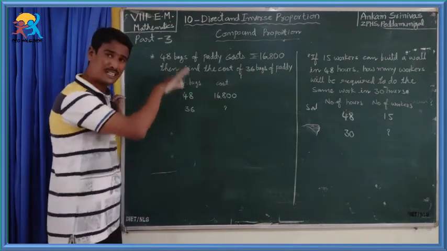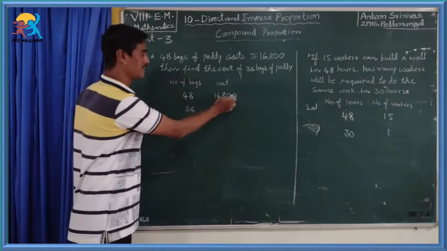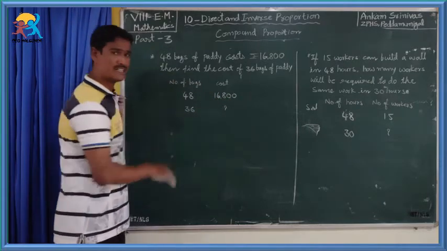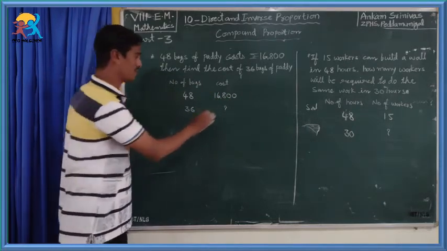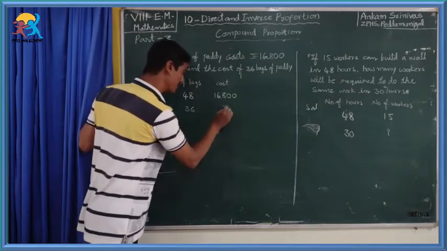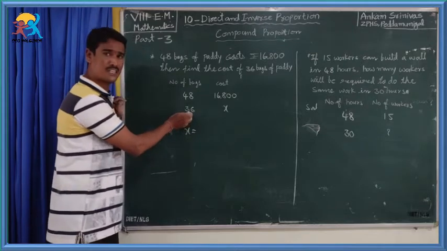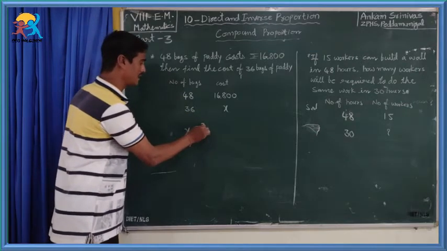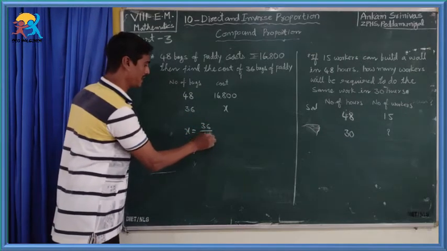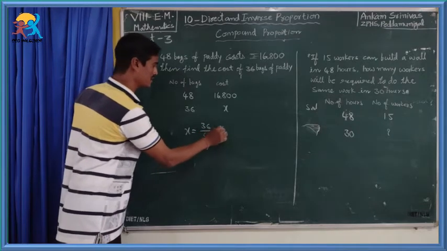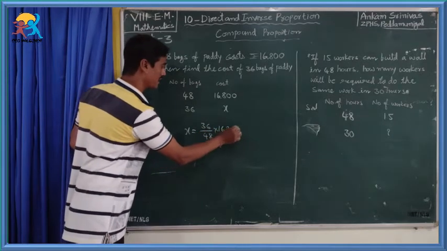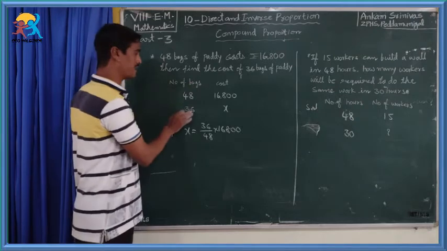It will be less than 16,800. Less than means less value. So to get this value, x equals less by more. That is, less by more: 36 by 48 into 16,800. Very easy comparison of two quantities.